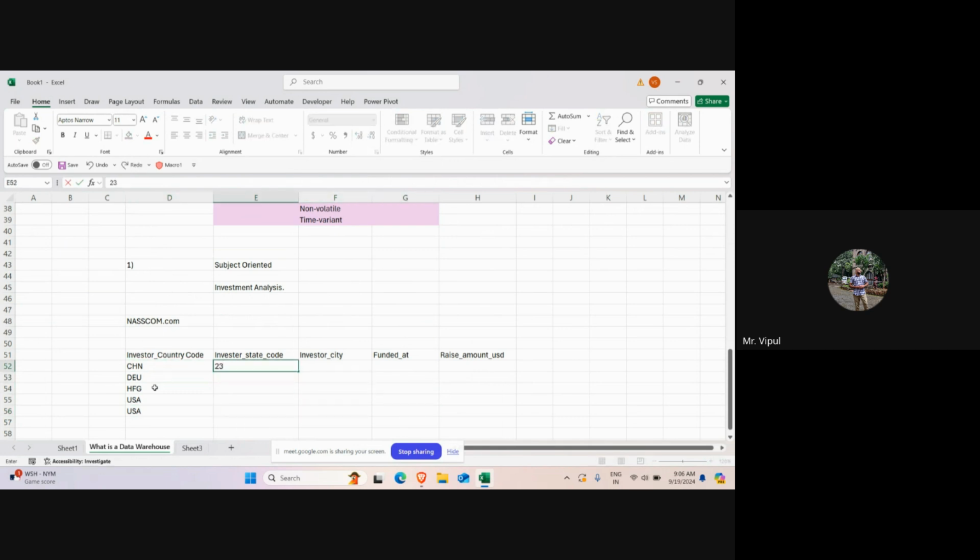Let us give some random state codes: PA or CA. Investor city, let's say Shanghai, Frankfurt, Hong Kong, McLean, and Menlo Park.